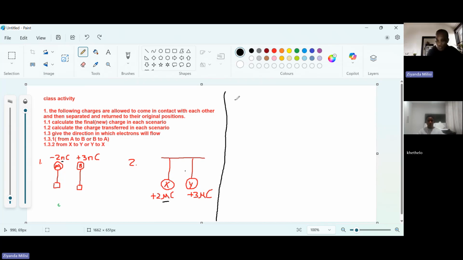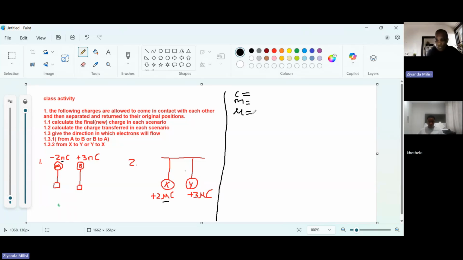Let me start with centi. If you see centi, whether it's a centimeter or centicoulomb, then milli, then mu, which is for micro.